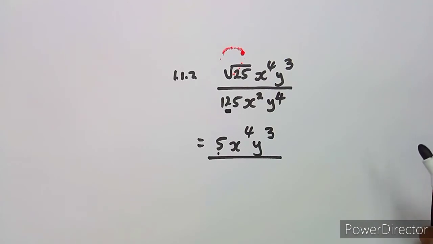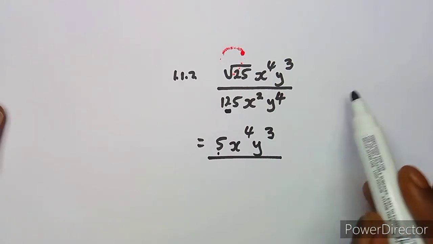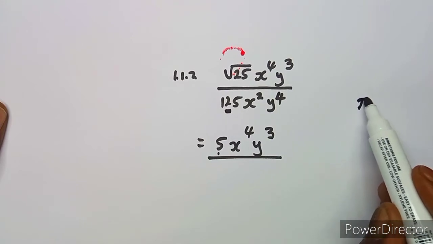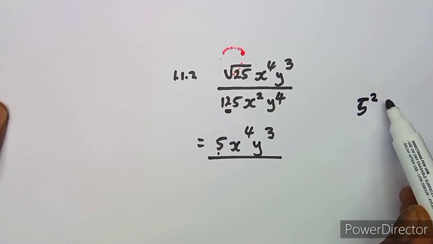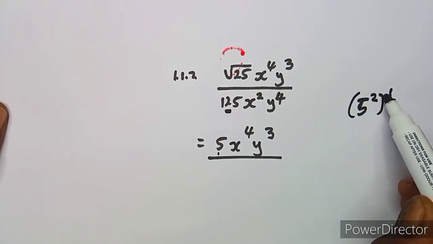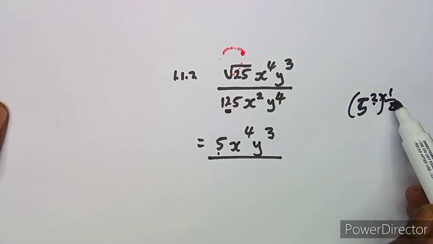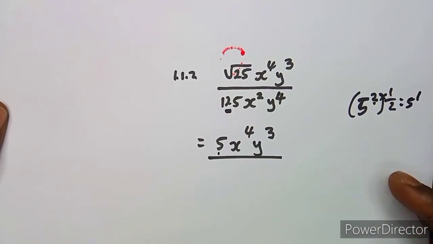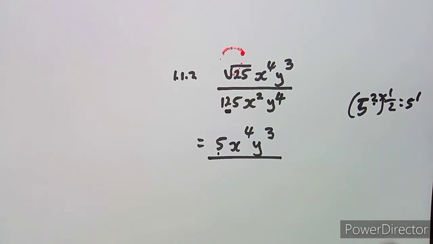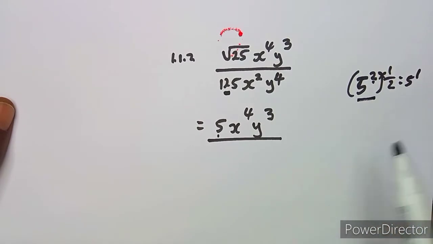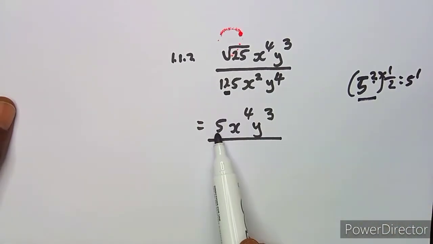Or you see, if we don't know the square root of 25, you could have written 5 to the exponent of 2 for 25, then to the exponent of a half. So this half times 2 is going to give us 5 to the exponent of 1, which is actually one and the same thing here, as you can see.